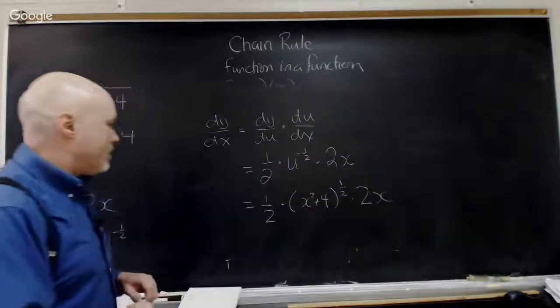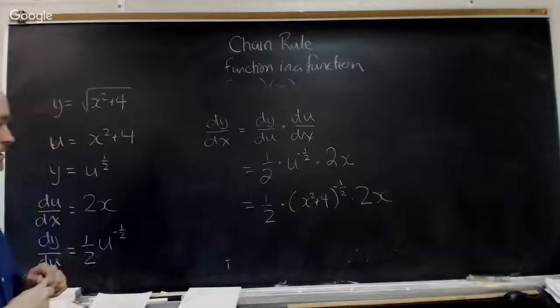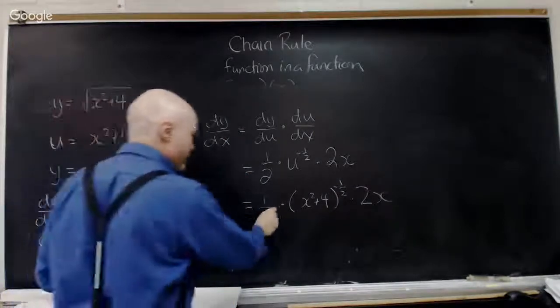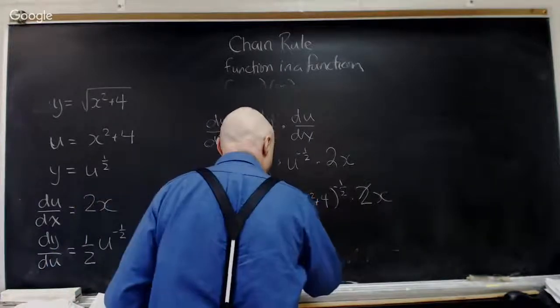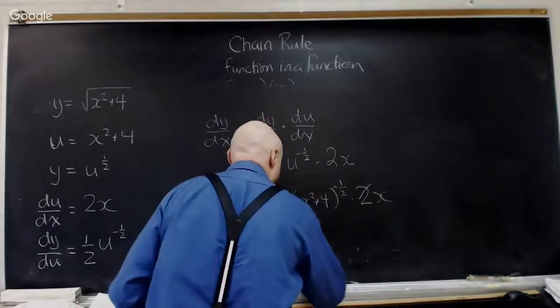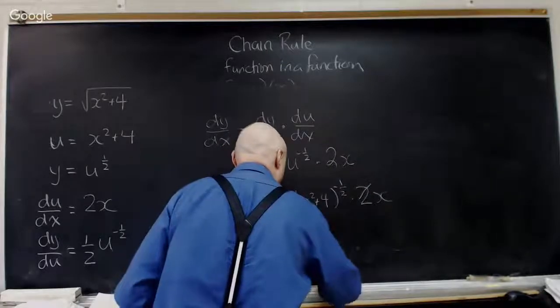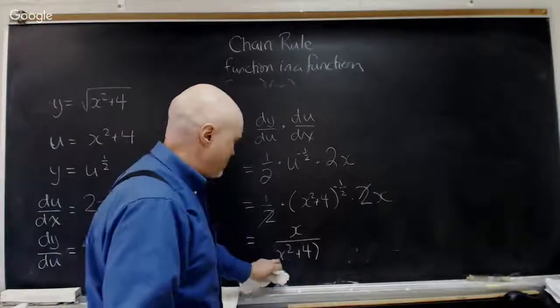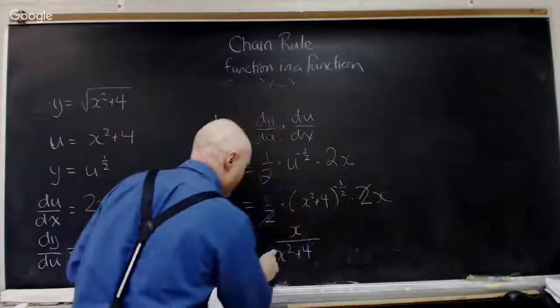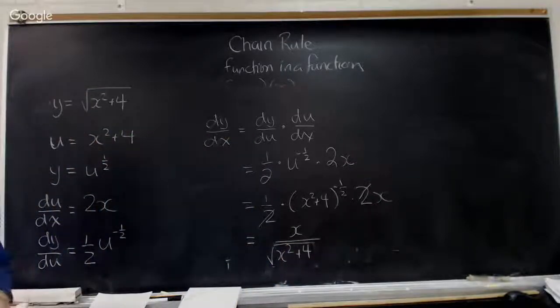Now I'm ready to tidy this up a little bit, so I'm going to do a little bit of simplifying. And this becomes x over the square root of x squared plus 4. I could put the exponent 1/2 underneath here, but I'm going to return it to its radical roots.